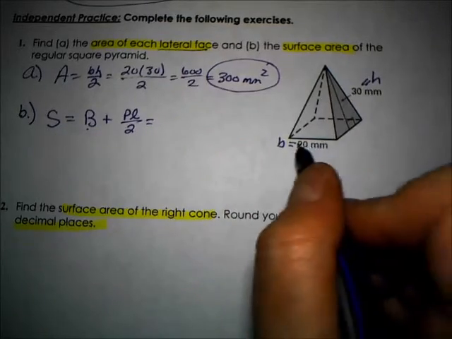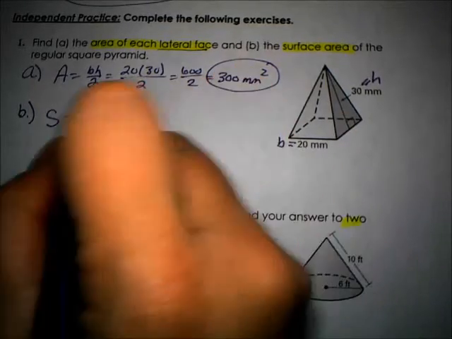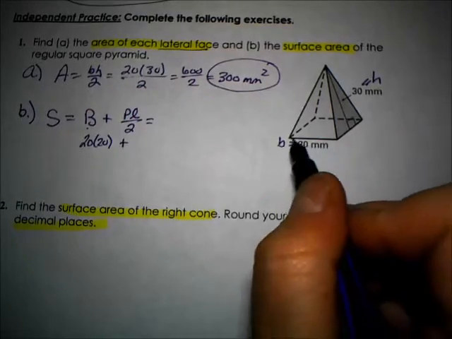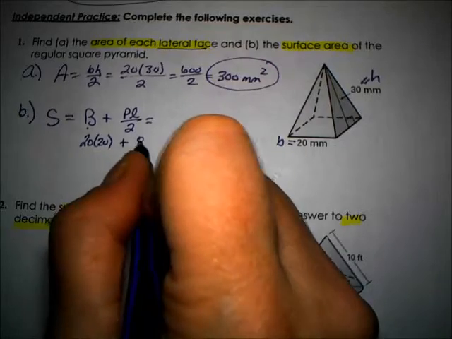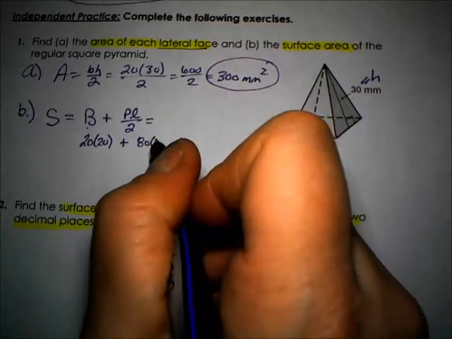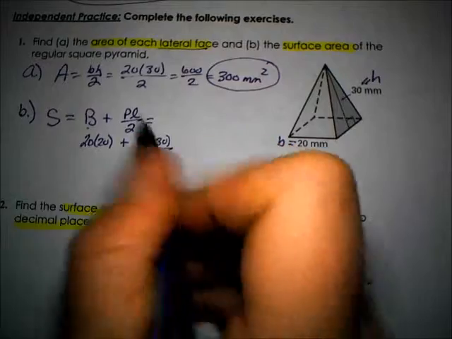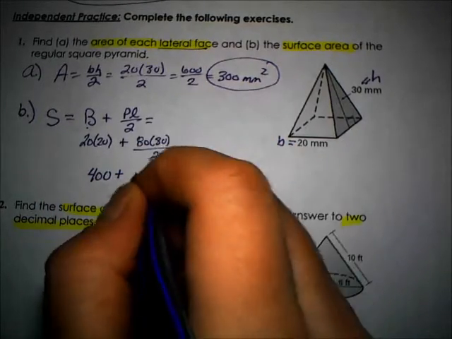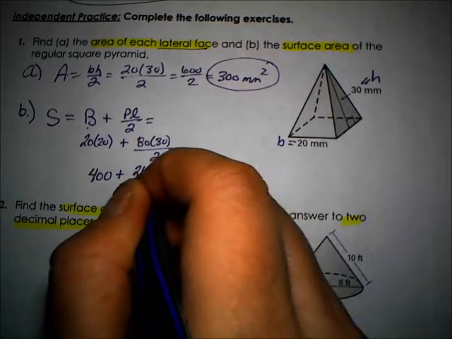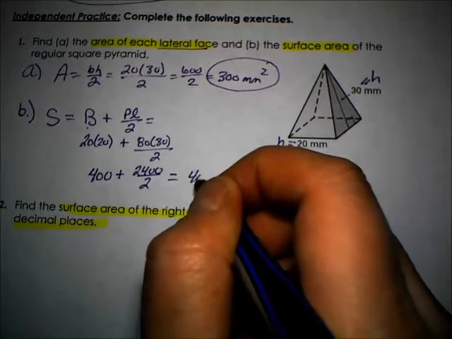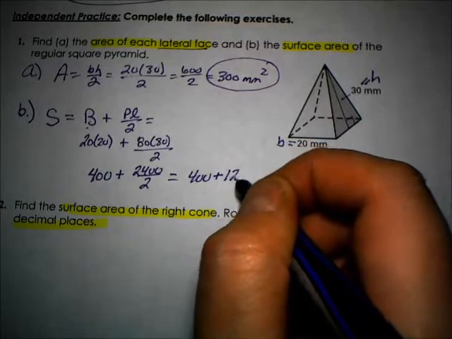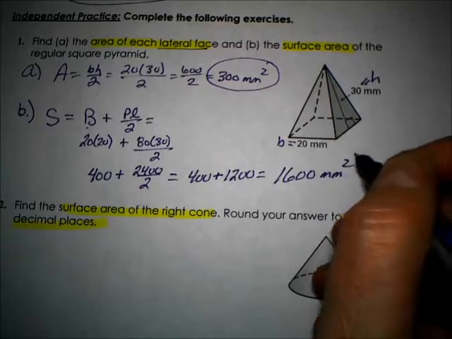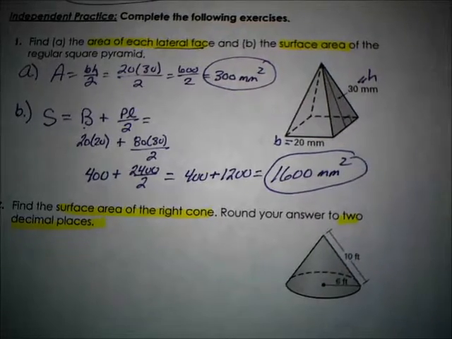The area of the base is 20 times 20. So that should be 20 times 20 plus the perimeter, which is 20 times 4, which is 80, times the lateral, which is 30, all over 2. So 20 times 20 is 400 plus 80 times 30 is 2400, and divide by 2, so that would be 400 plus 1200, which equals 1600 millimeters squared, the total surface area of that pyramid.